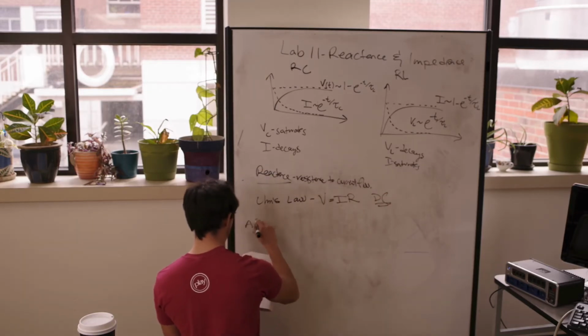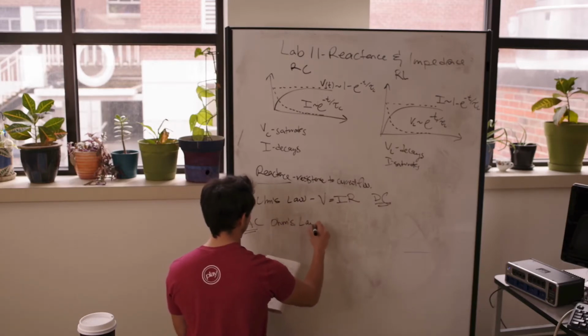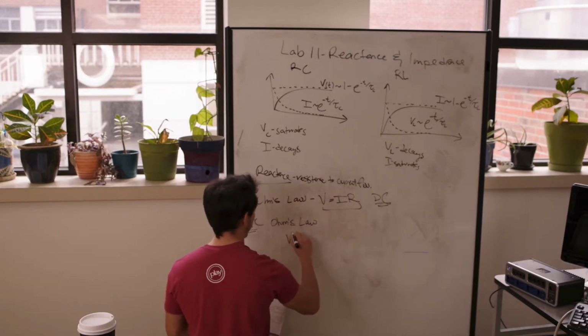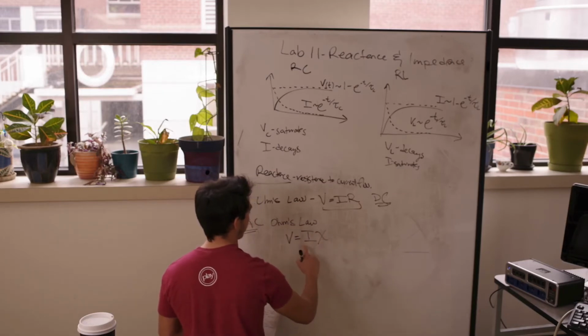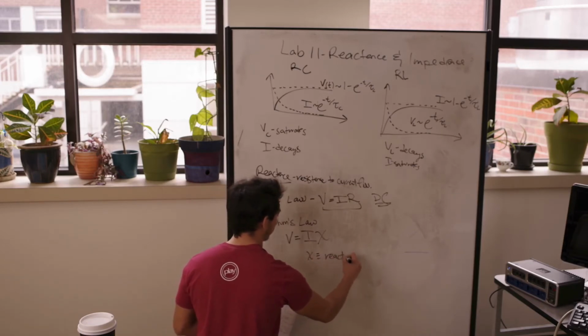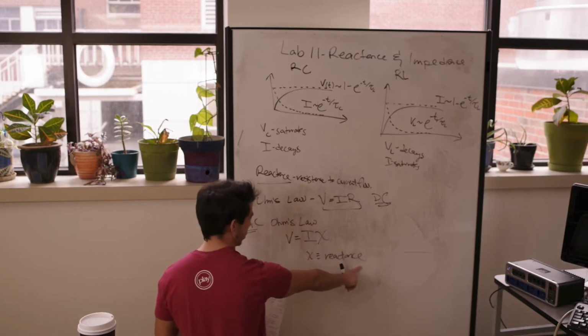For AC circuits, you have what's known as Ohm's law for AC circuits, and it gives somewhat the same relationship. So voltage is proportional to I chi instead of V equals IR, where chi is defined as the reactance. It has the same form because it's really similar to resistance.